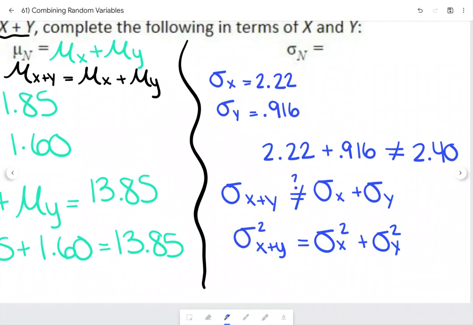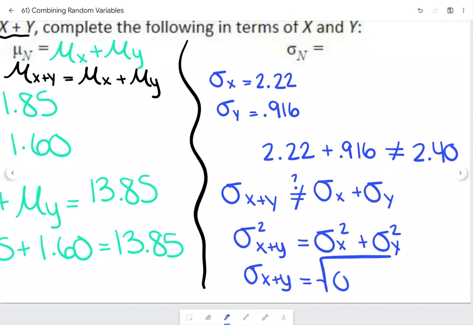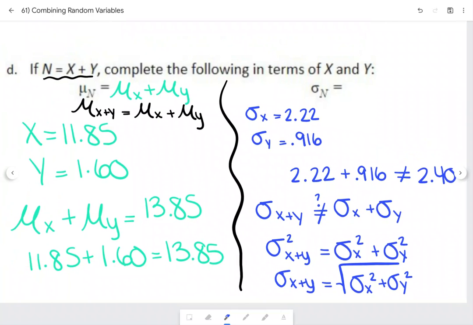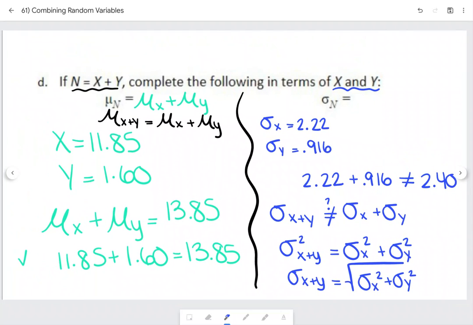So really, the rule for us to get the standard deviation of them added together is to first square them both, add them together, and then square root the entire piece. So that's going to be my rule for these standard deviations. As long as, remember, the big thing here is this works when x and y are independent. It will not work the same way if it's not independent.